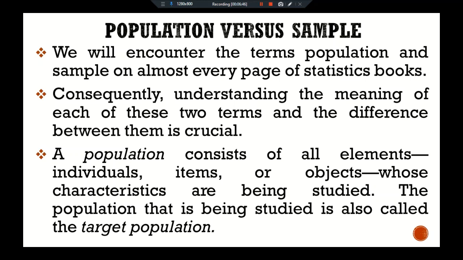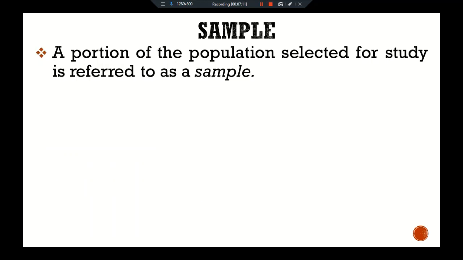In this case, the population consists of all registered voters in a particular country. The sample is made up of a few hundred or few thousand voters who are interviewed in an opinion poll. Thus, the collection of a few elements selected from a population is called a sample. So let me give the definition of sample: a portion of the population selected for a study is referred to as a sample.